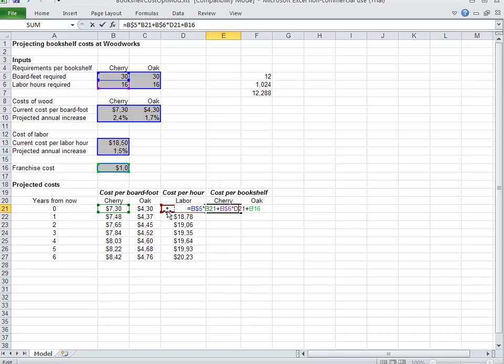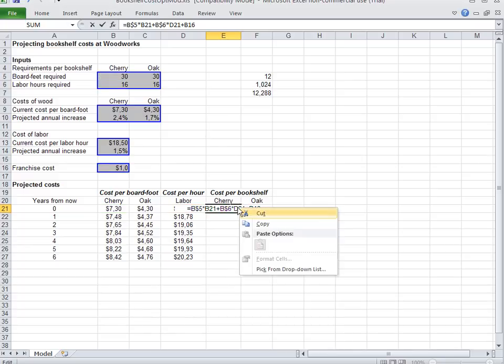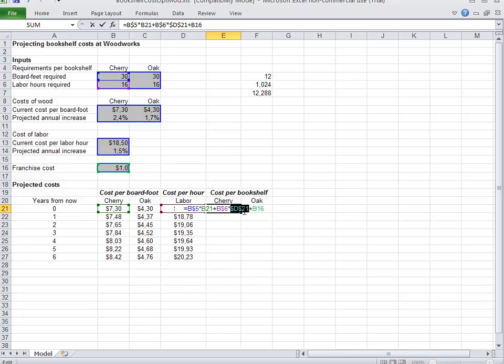But it doesn't have to move left and right, because when we copy the current formula to Oak, it still has to take the labor cost from the same D column. So we press F4 until we have $D21. It moves up and down, 22, 23, 24, but it doesn't move left and right. It stays on D.